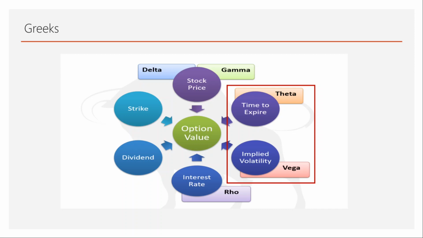So the impact of rho will be pretty small. The extent of change in rho is pretty small with regard to the option's price. So normally experts ignore rho because it's not very dynamic. It's fixed for a specific period of time. So I exclude rho. We focus today only on theta and vega.